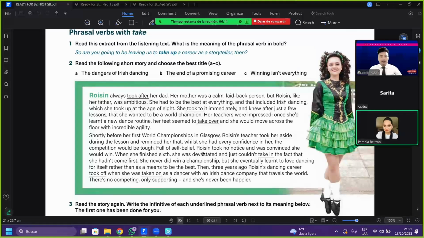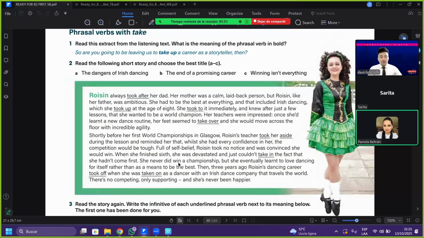Roisin took no notice and was convinced she would win. When she finished sixth, she was devastated and just couldn't take in the fact that she hadn't come first.